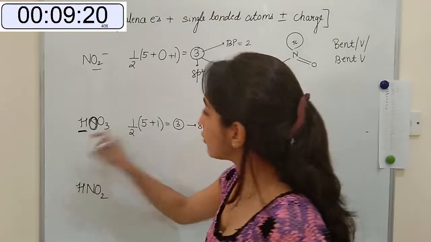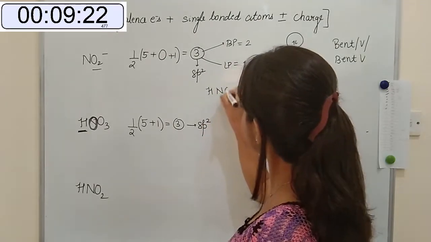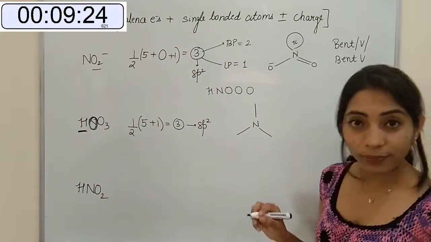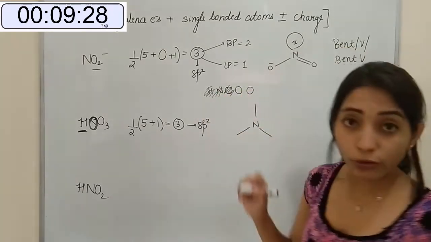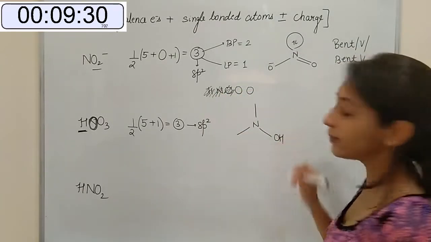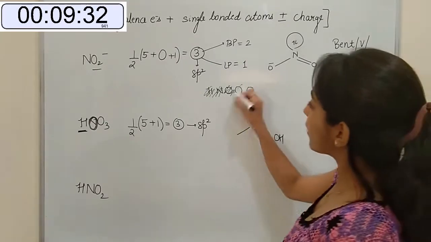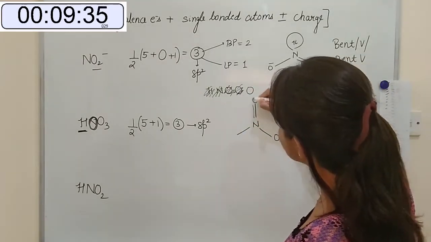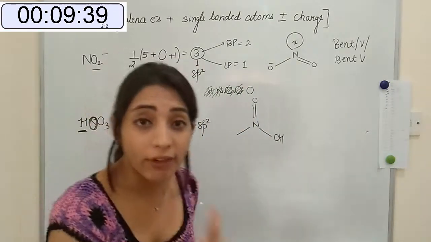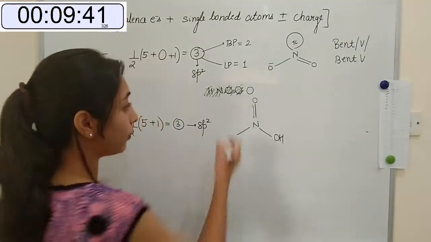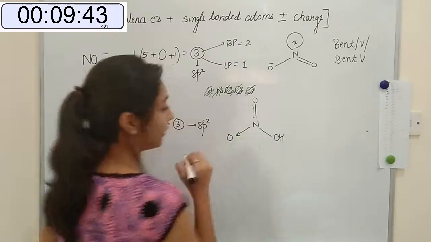Now, how many hydrogen, nitrogen and 3 oxygens are there? Okay, so nitrogen you have done. Put one H and one O together. So let me put OH here. Done. Now we know that one nitrogen forms a double bond with oxygen. This is also done. And we know nitrogen doesn't form 5 bonds. It has to form one coordinate bond. So this O forms a coordinate bond.